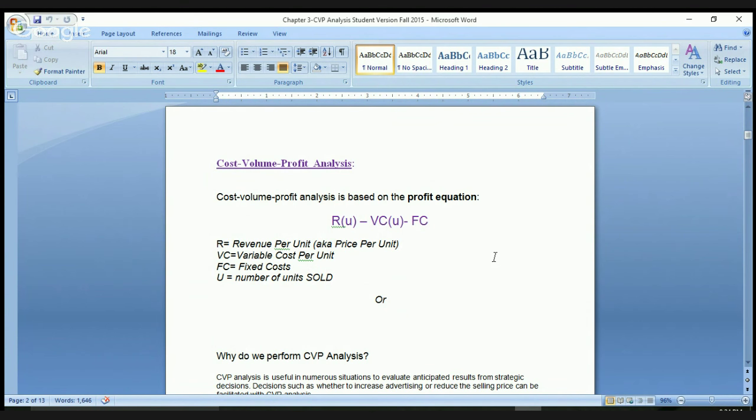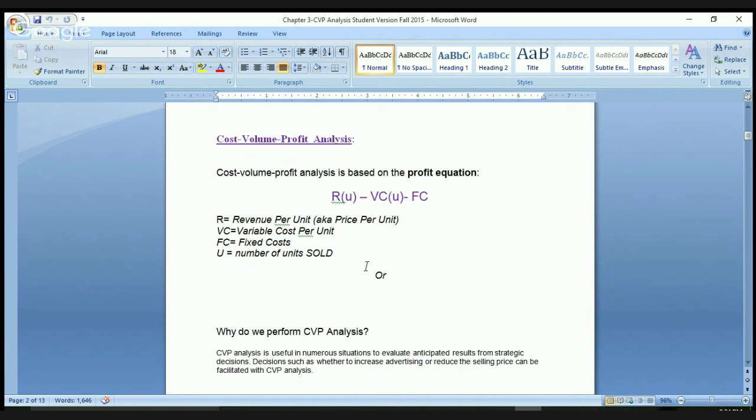And so, what we're going to be talking about today is the revenue per unit. We're going to talk about variable costs, fixed costs, and a number of units sold. We're going to be talking about learning how to figure out the break even, and then talk about some other target operating income and items like that.